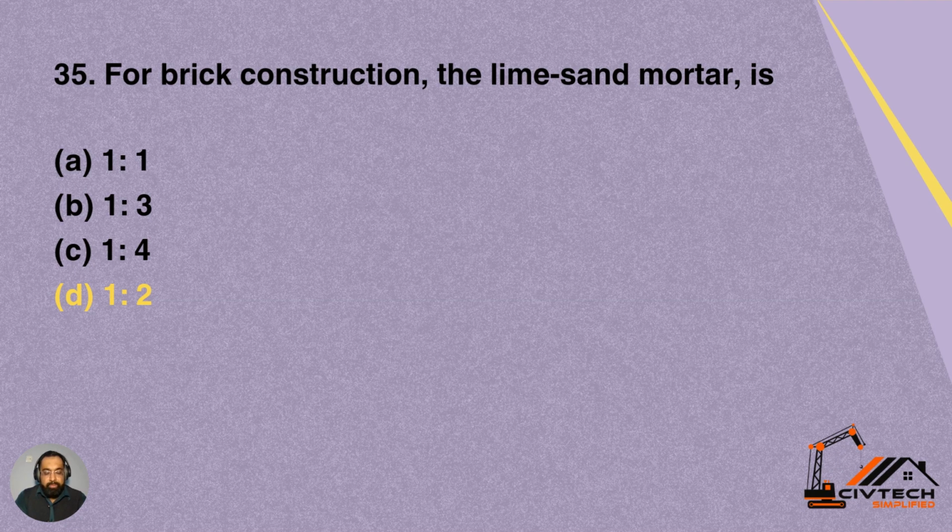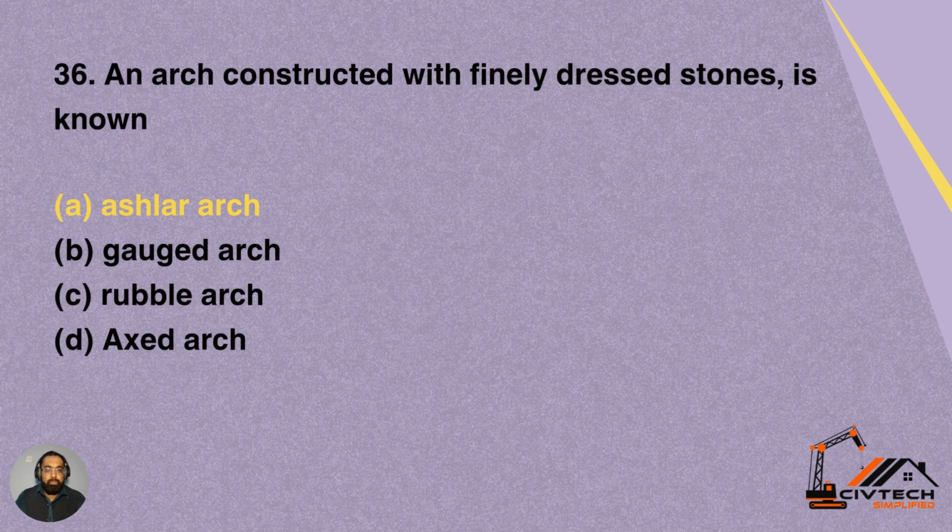So lime sand mortar means the first one is the quantity of lime, and the second is the quantity of sand. So option D is correct, which is 1:2. So one part of the lime and two parts of the sand should be mixed to make the mortar for brick construction.